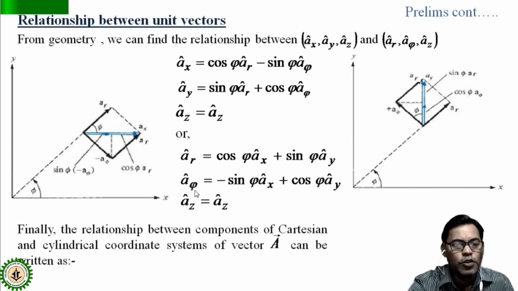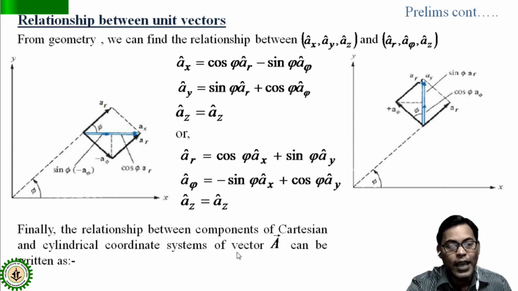Now finally we have the relationship between the components of Cartesian and cylindrical systems of vector A. Here the components of A in the Cartesian coordinate system are related to the cylindrical coordinate system. We have also seen the relationship between the unit vectors of the two systems.